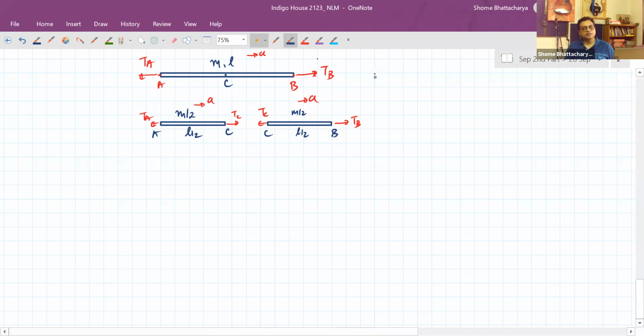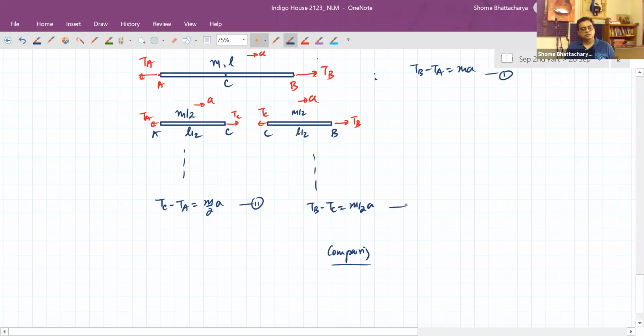So for the above FBD, we had the equation that TB minus TA was equal to MA. But for this one now we have the equation that TC minus TA is equal to M by 2 into A. And for this one, we have the equation that TB minus TC is equal to M by 2 into A. So if you compare these equations, you'll be able to show that equation 1 is equivalent to equation 2 plus 3 on the right hand side.